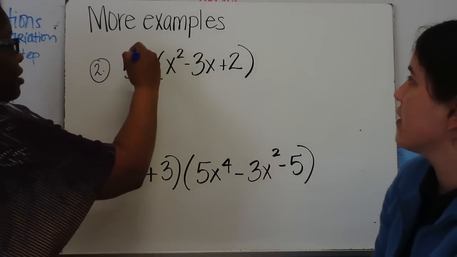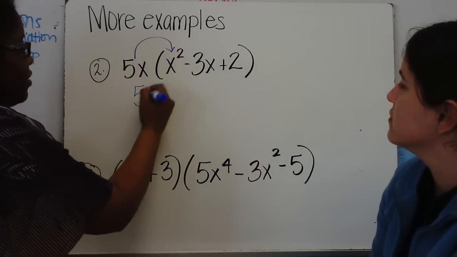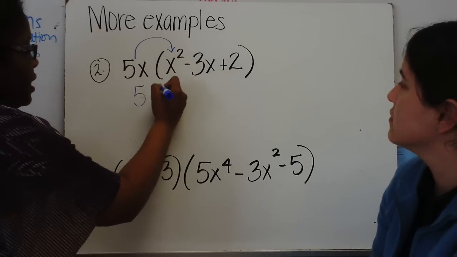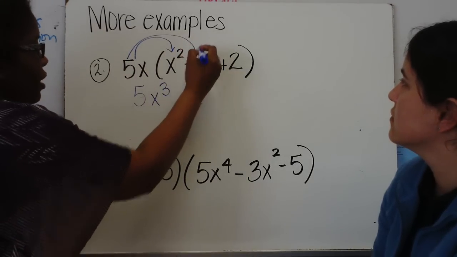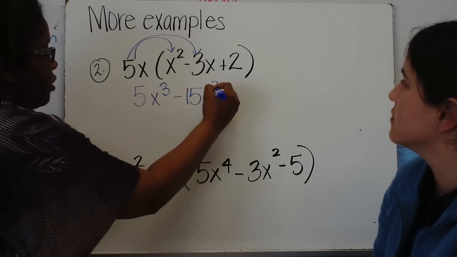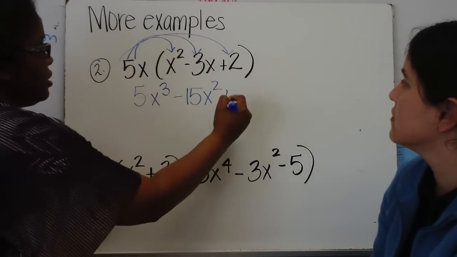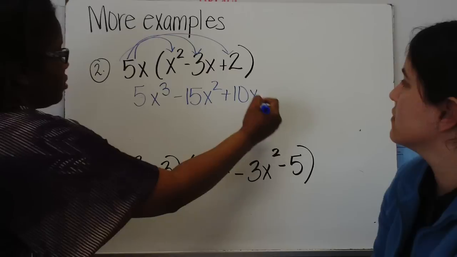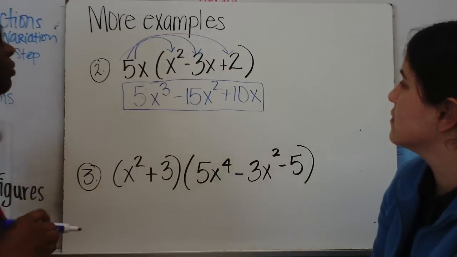Alright, so 5x times x squared, so 5 times 1 is just 5, and then you need to add your exponent, that's x to the third. 5 times negative 3x is negative 15x squared. And then 5 times 2 is positive 10x. So this should be your final answer.